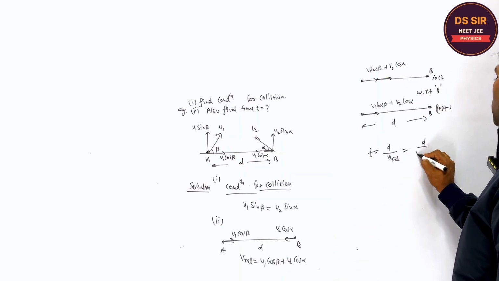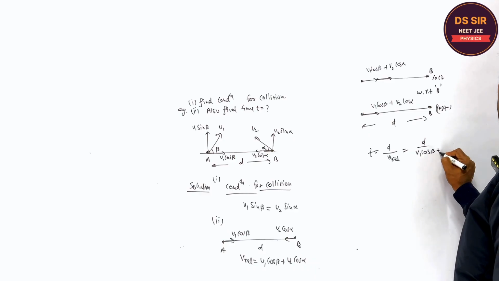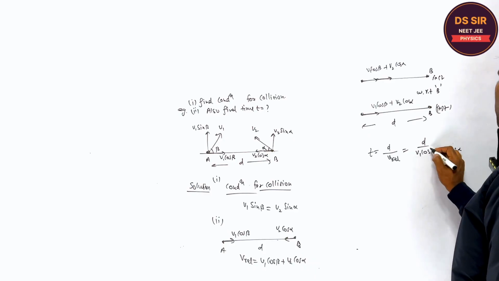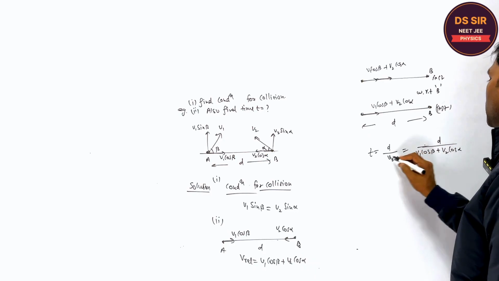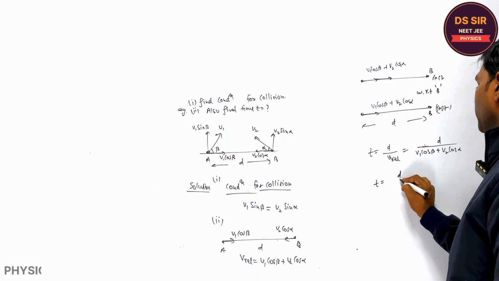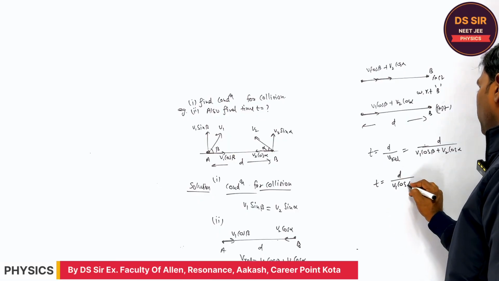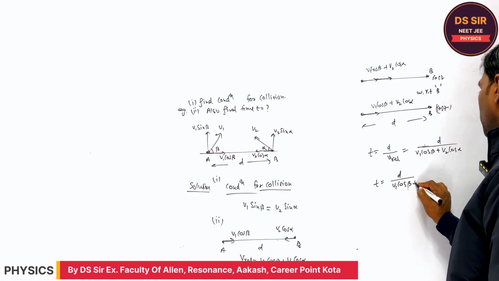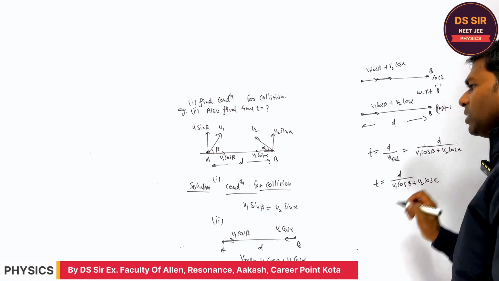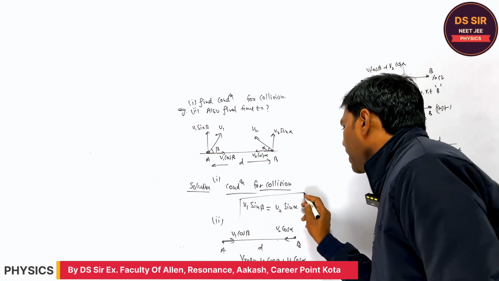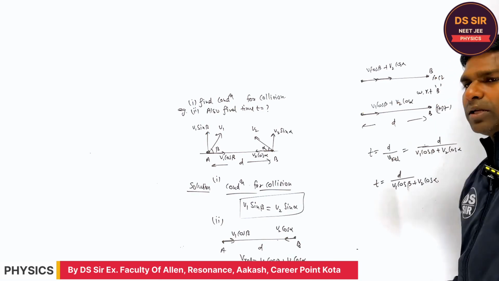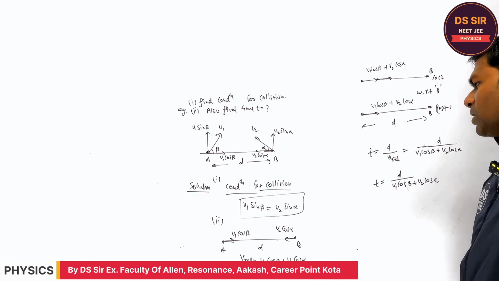So d is equal to what? v1 cos beta plus v2 cos alpha. Is it clear or not? Right, so this is the total time after which they will meet.